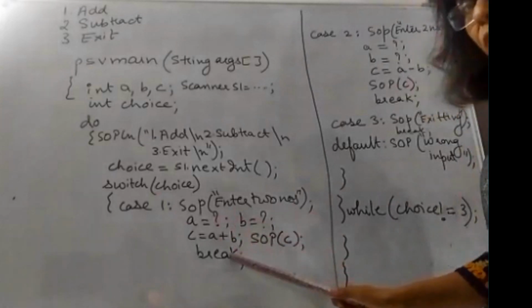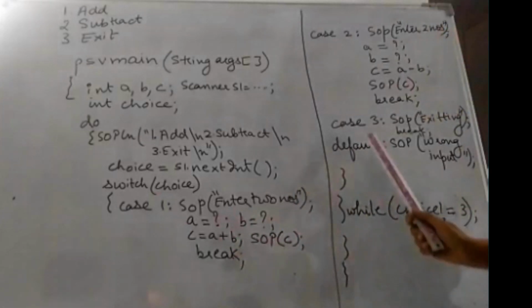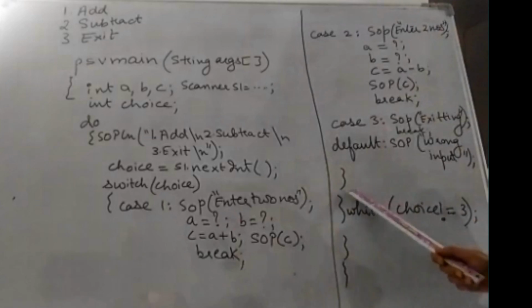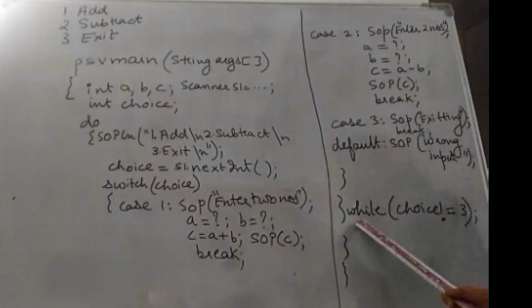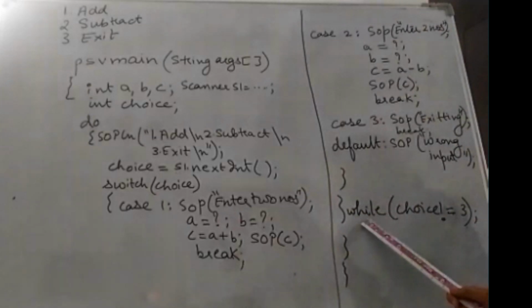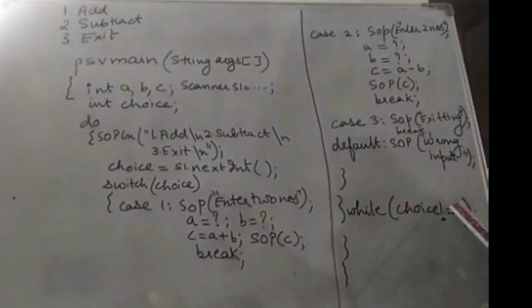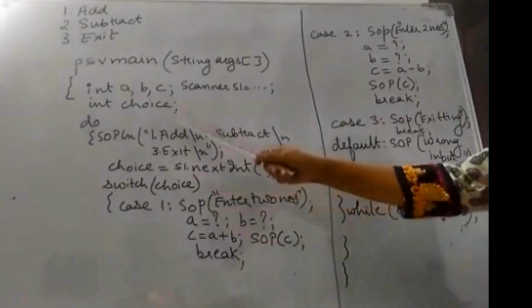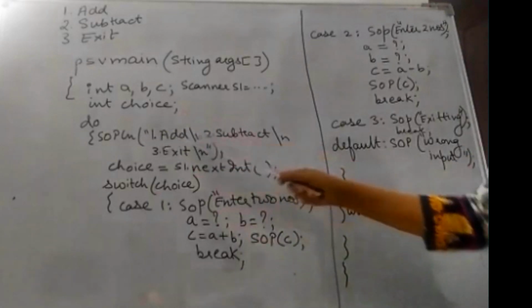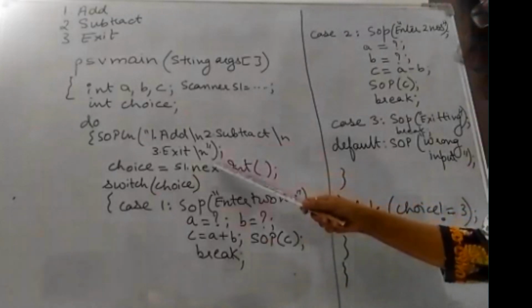And then because of break, it will come out of the switch case here, but because the do while loop is being used, it will be caught in this loop because choice is not equal to 3, it is equal to 1. So again it will go to the beginning of the loop, and now it will again display the menu options.